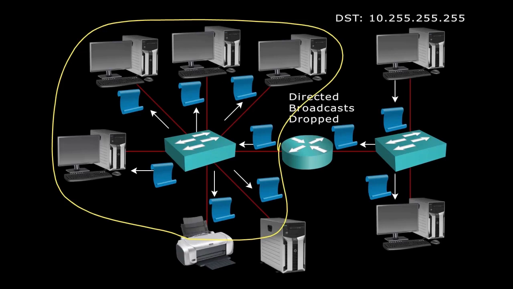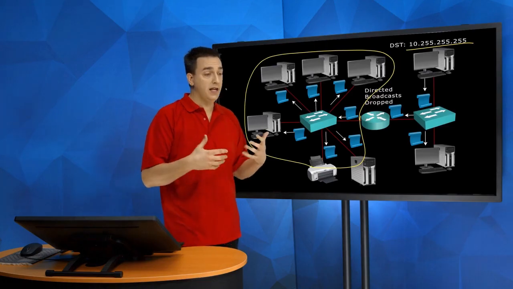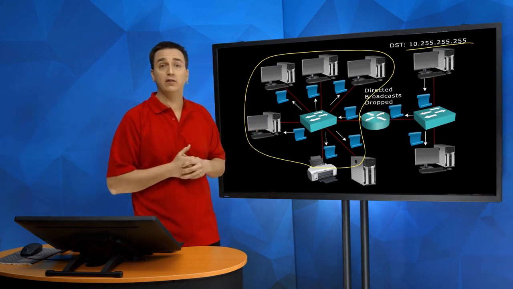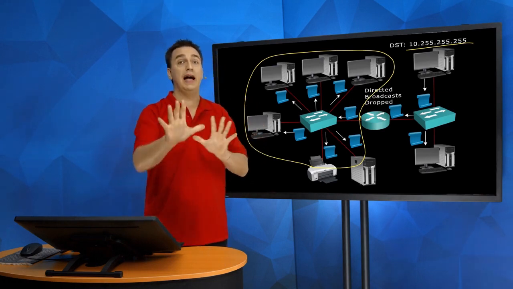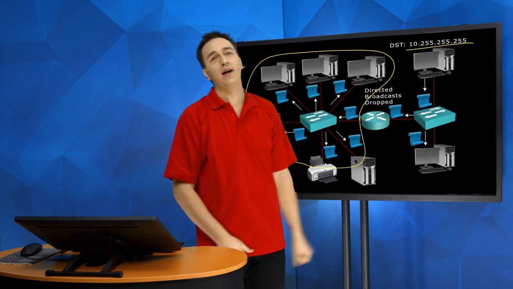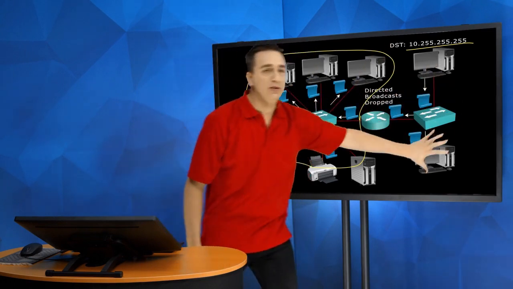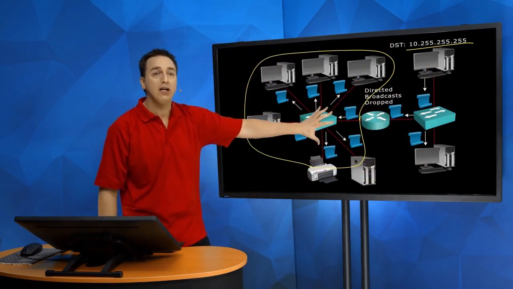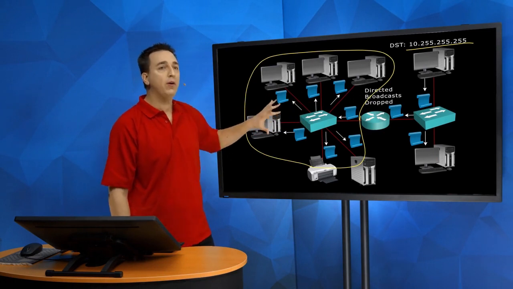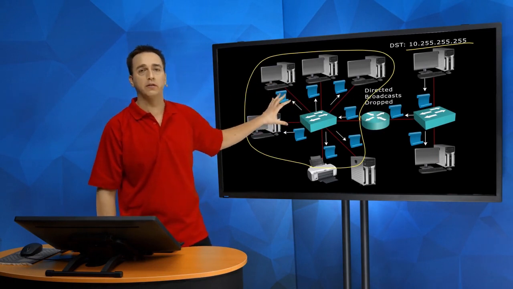The very last address we're indicating here happens to be 10.255.255.255, which would be the default directed broadcast address of our network 10.0.0.0/8, the default Class A network address. So this directed broadcast address allows devices outside of the local area network to talk to everybody inside our local area network.